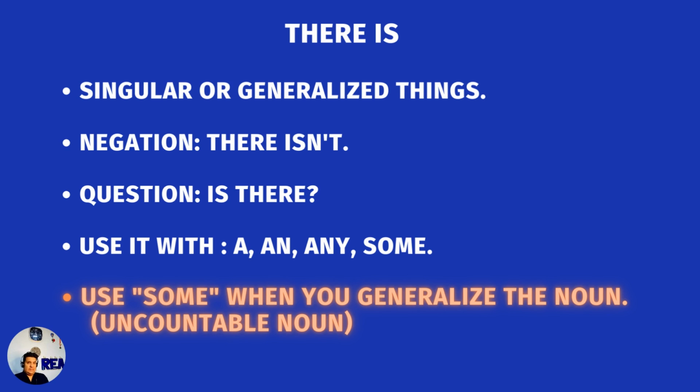You can also say that when you talk about these things. For questions we use is there, and we always use there is with a, an, any, or some. Use some with there is when you generalize the noun, or when you use uncountable nouns. For example, I have some water here, or there is some water here.